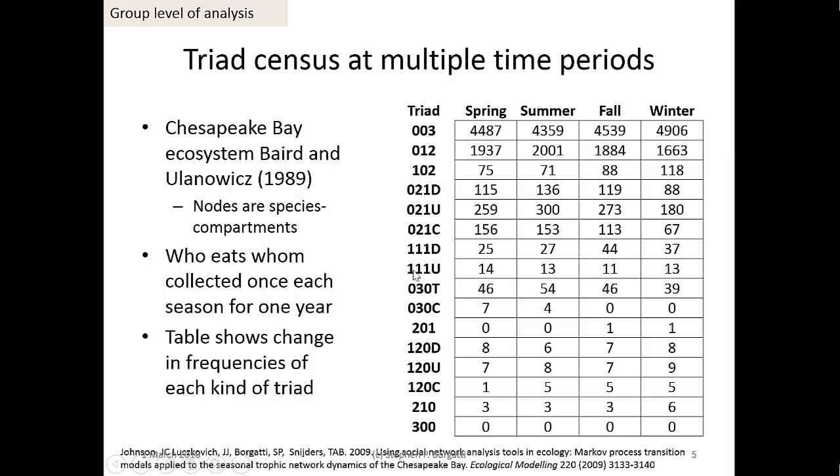And it'll place a triad next to a season if that triad happens to have very large numbers for that season, given that in general this row has big numbers, and given that in general this column has big numbers. It's sort of a residual from expected values based on the overall numbers.